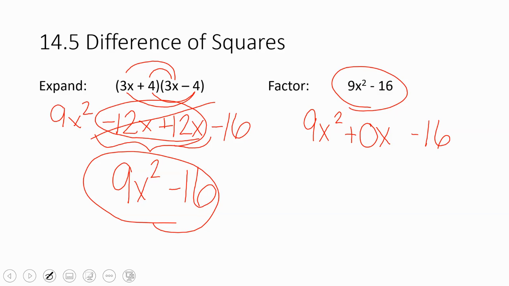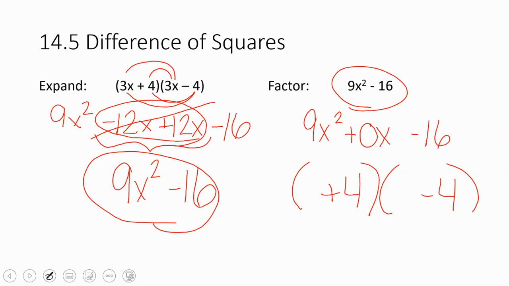Now, this one is actually a little bit different. I should have chosen something that doesn't have 9 here in front, but it doesn't really matter for us right now. You see how that makes it 0 on the inside. So that means the terms I would need are 4, with one positive and one negative.